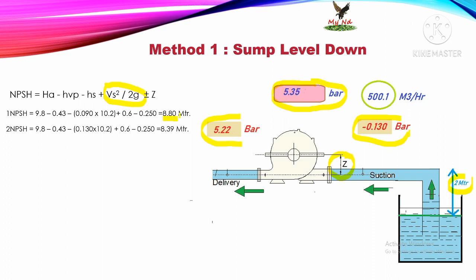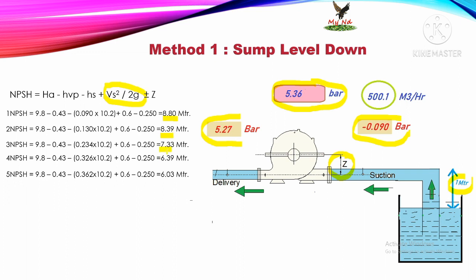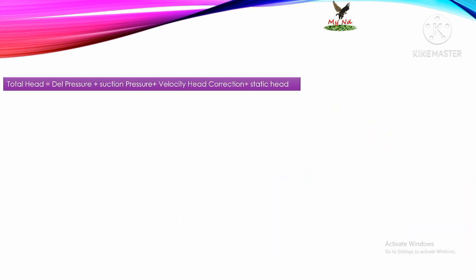We also take the second reading, third reading, fourth reading and fifth reading by substituting the suction readings here. We get the NPSH readings of 8.8 meter, 8.3 meter, 7.33 meter, 6.3 meter and 6.03 meter.